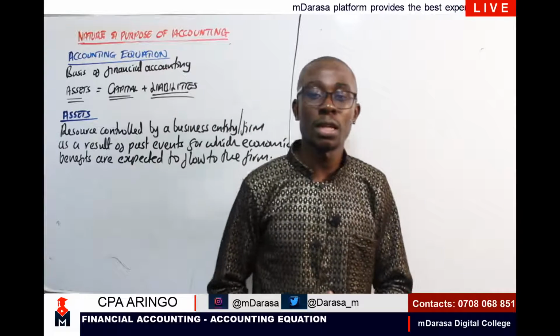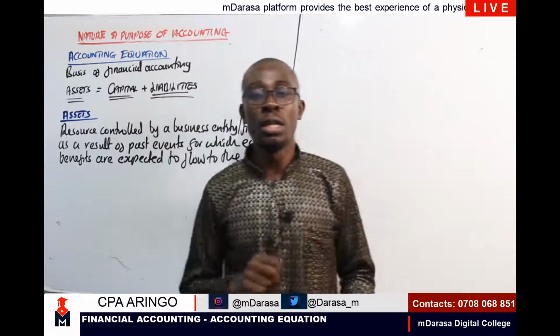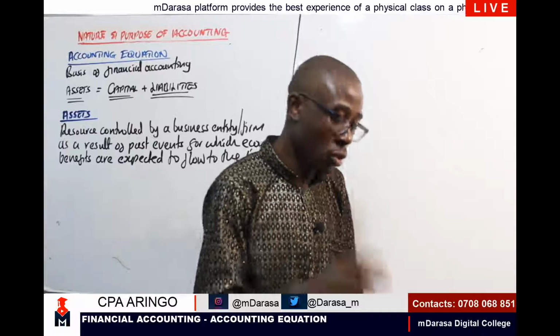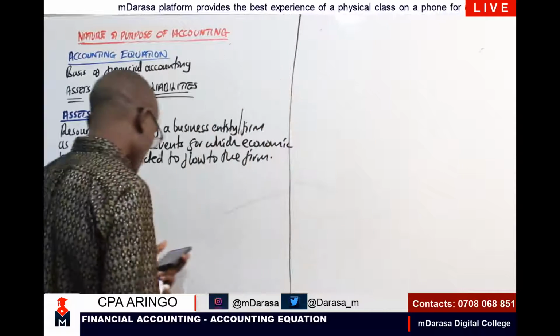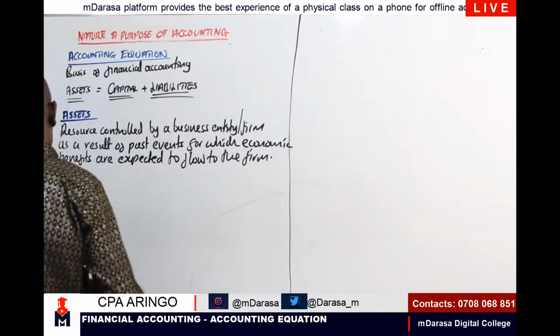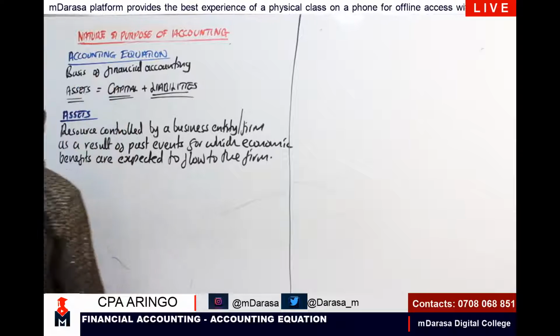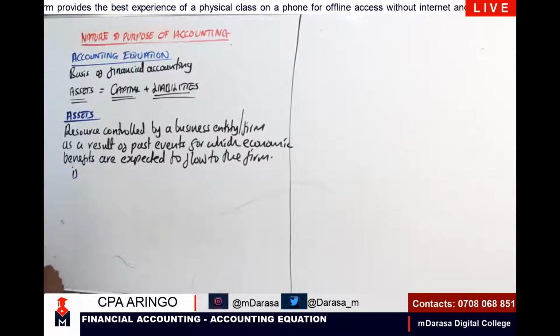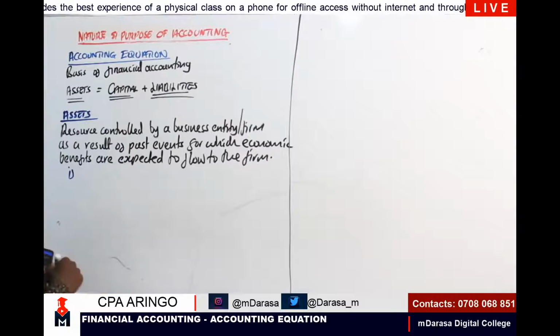Now, it is very vital for us to understand that assets are always categorized into two. This is the classification of assets. We are saying that assets are classified into two.